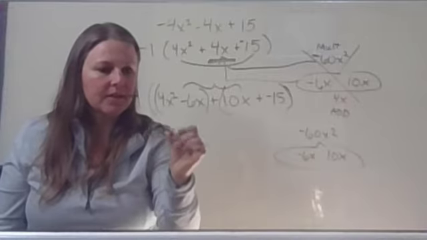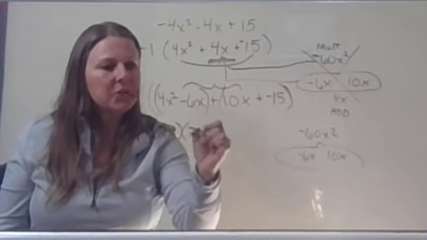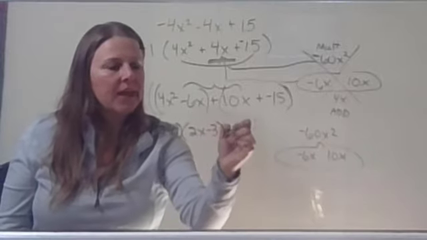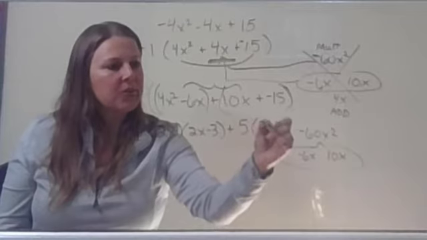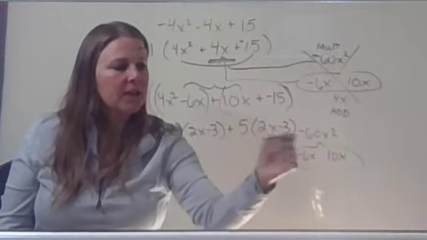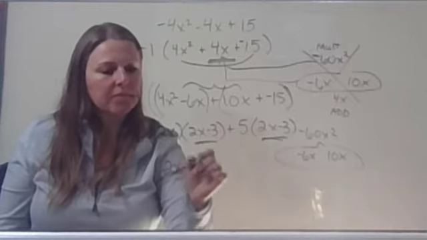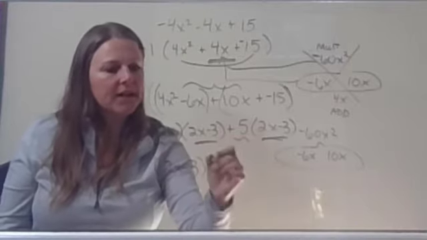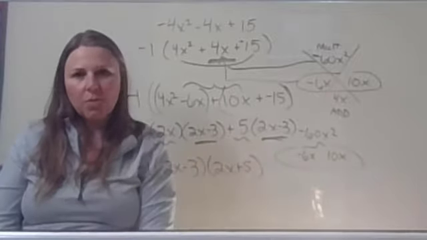And then left over, we have 2x minus 3. And the greatest common factor here is 5. And left over 2x minus 3. So yay, we have the 2x minus 3. We have the 2x plus 5. And we also have the negative 1 out front.